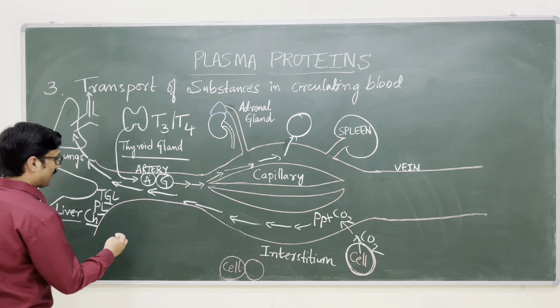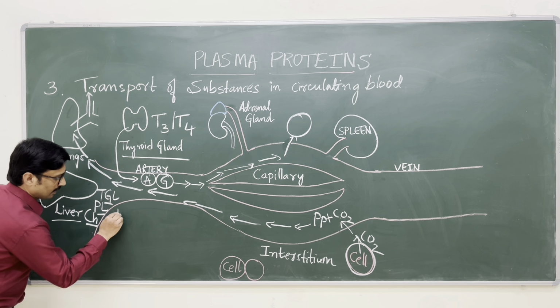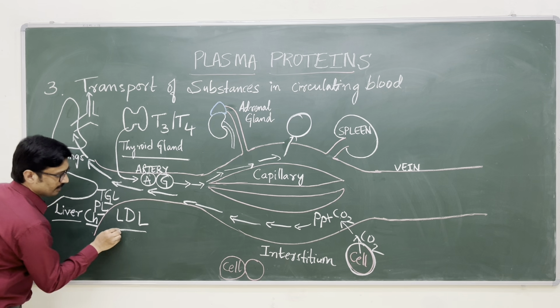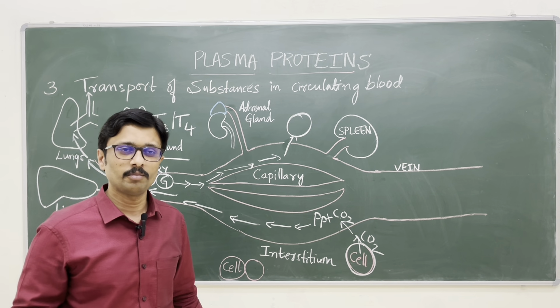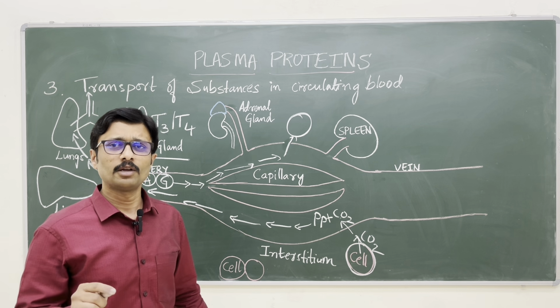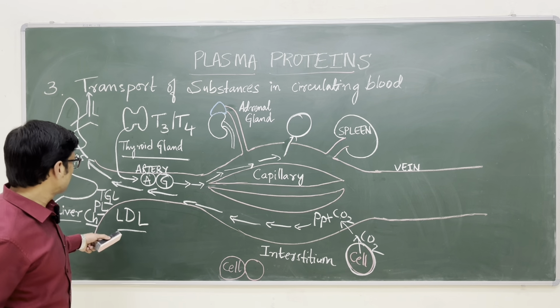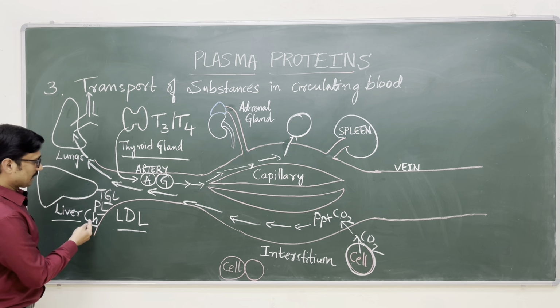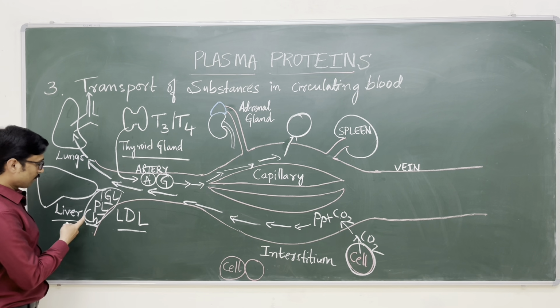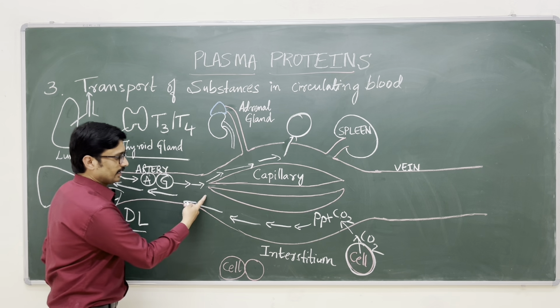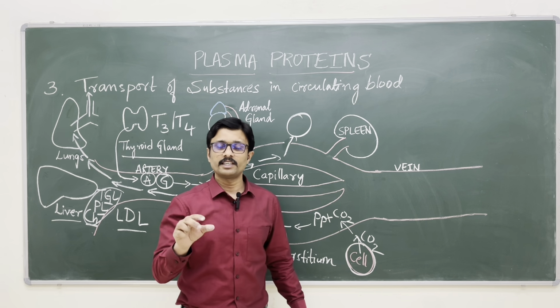There is a plasma protein we call low density lipoprotein. Low density lipoprotein is a type of plasma protein, mainly globulin. This will bind to the triglycerides, phospholipids and cholesterol. Binding to this, all these substances can be carried from the liver through the blood. It will reach the tissues and in the tissues it gets deposited.